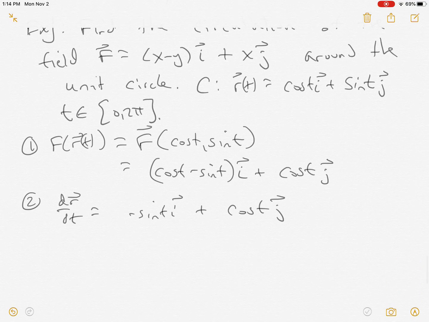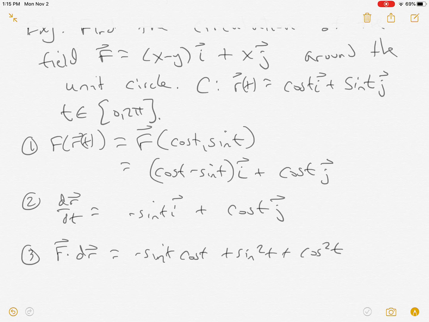And when you dot these two, F dot dr, we get minus sine t cos t plus sine squared t plus cosine squared t, which is 1, minus sine t cos t.